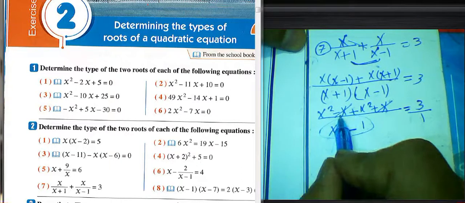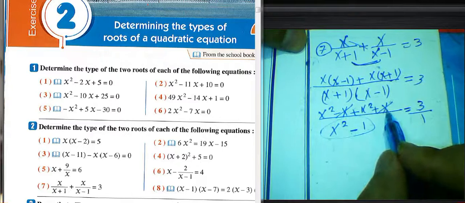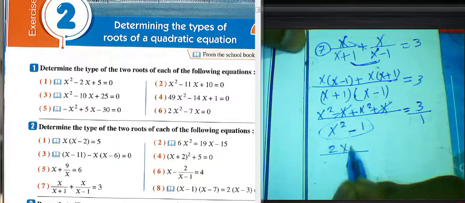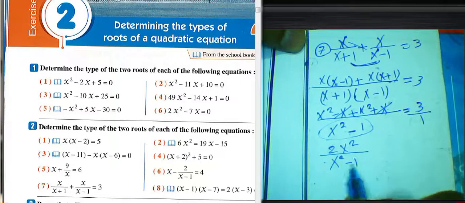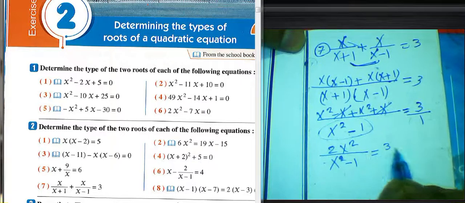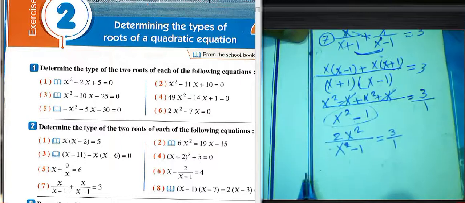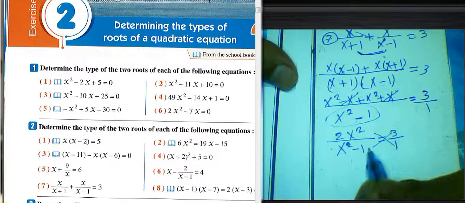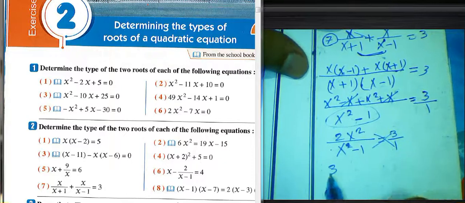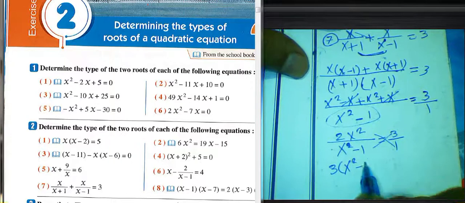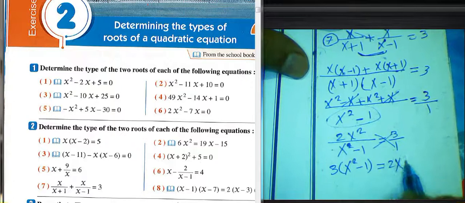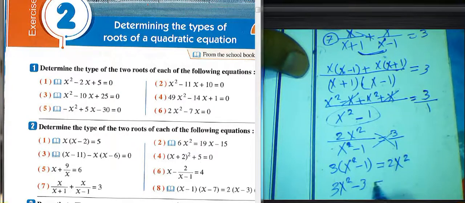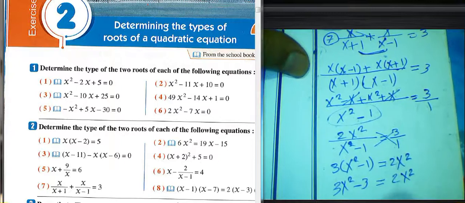Negative x and positive x make 0. So x power 2 plus x power 2, 2x power 2 over x power 2 subtract 1 equals 3 over 1. Using extremes and means, 3 multiplied by x power 2 subtract 1 equals 2x power 2. 3x power 2 subtract 3 equals 2x power 2.